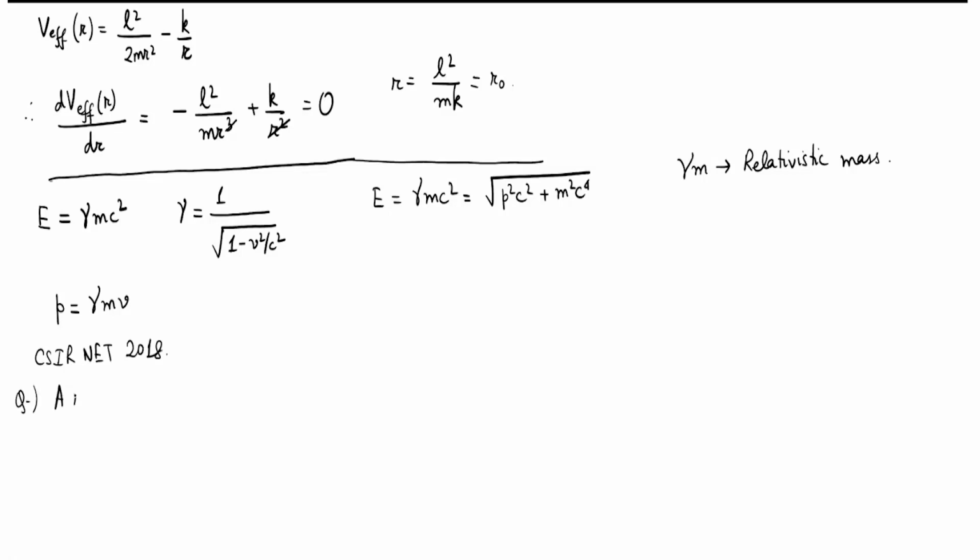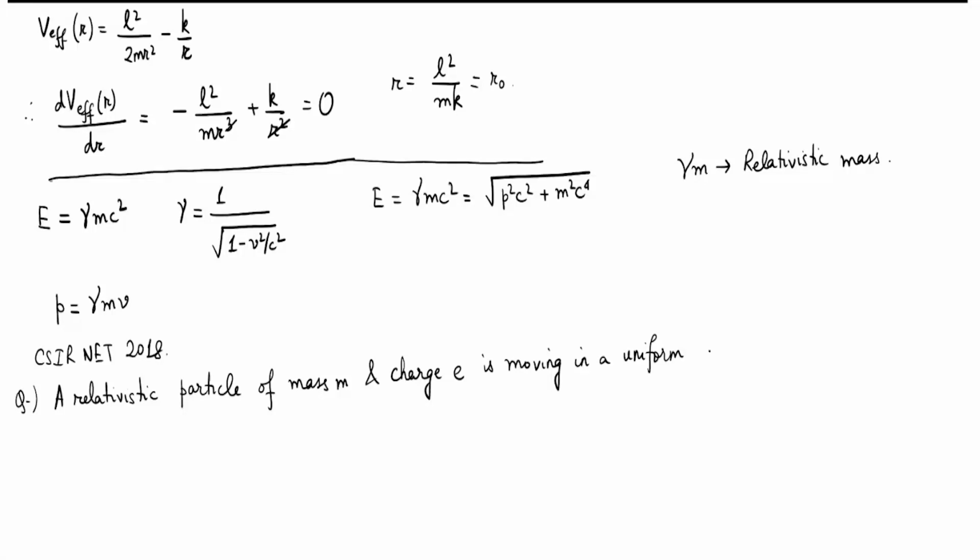A relativistic particle of mass m and charge e is moving in a uniform electric field of strength epsilon.